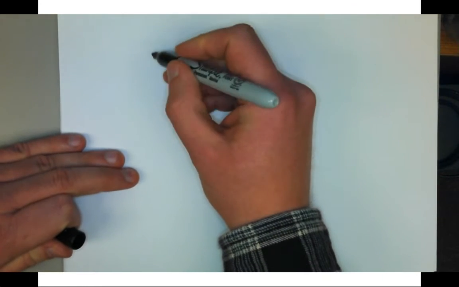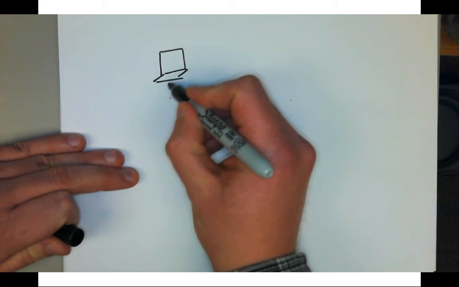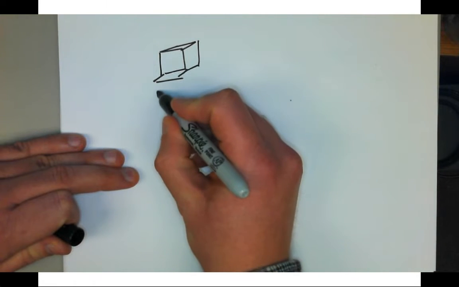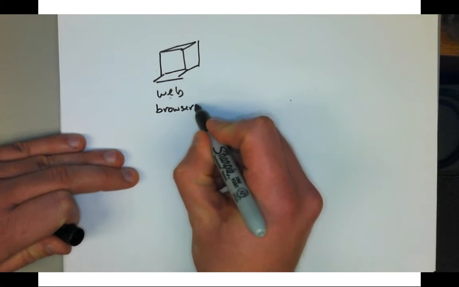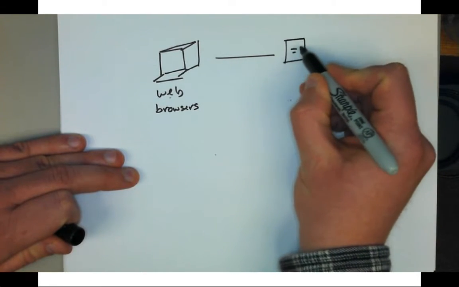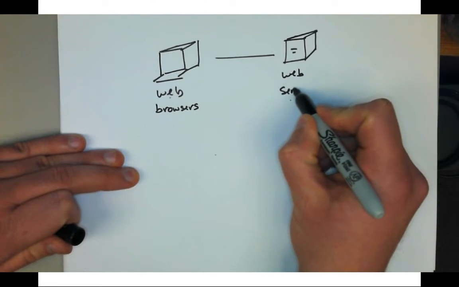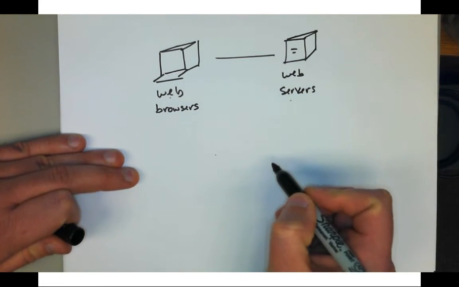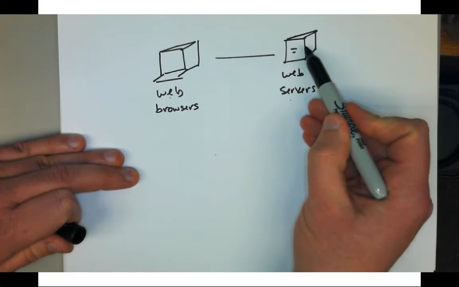So in, say, pre-1995, we did have the web. So the web, we have web browsers. And web browsers talk to web servers. Okay. And basically the web browser makes a request for a web page.